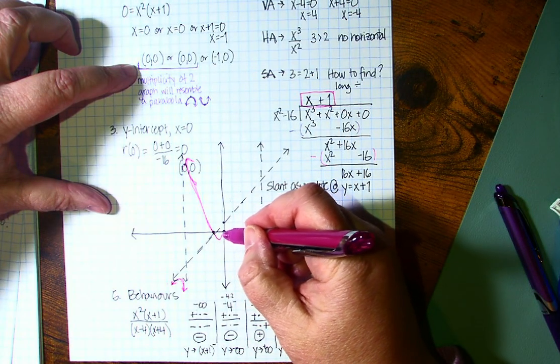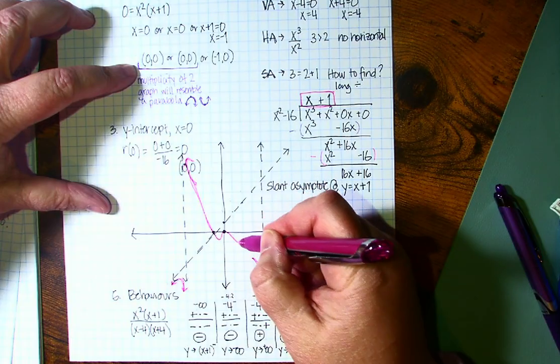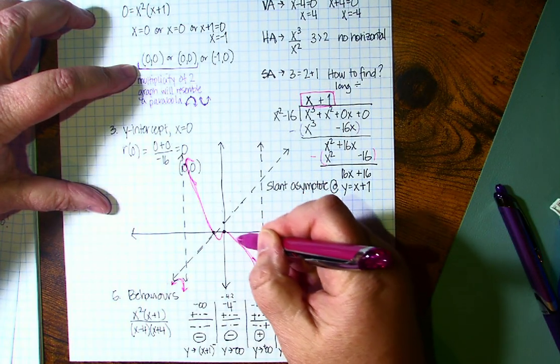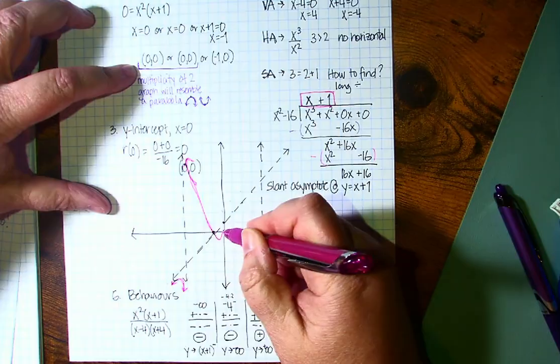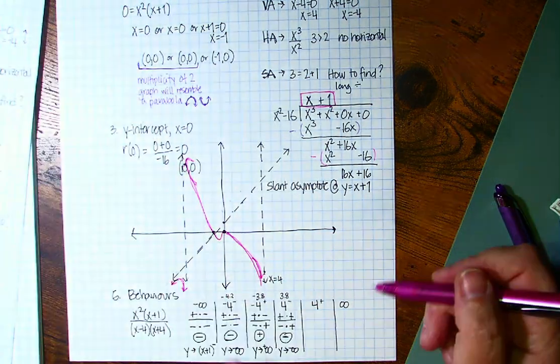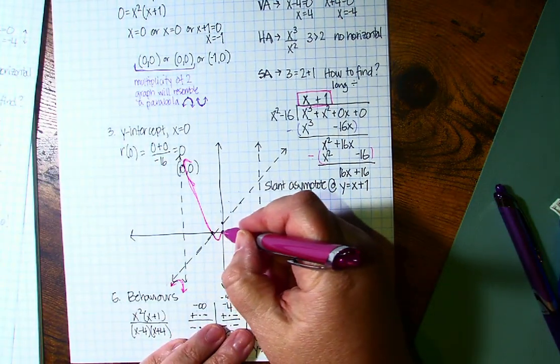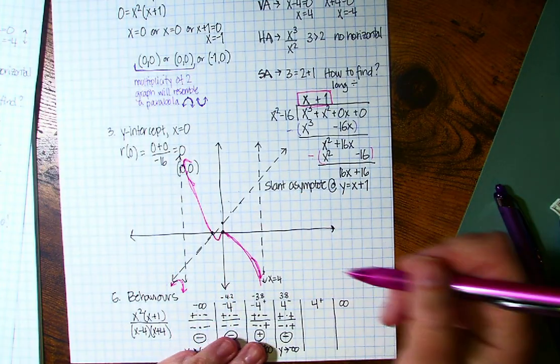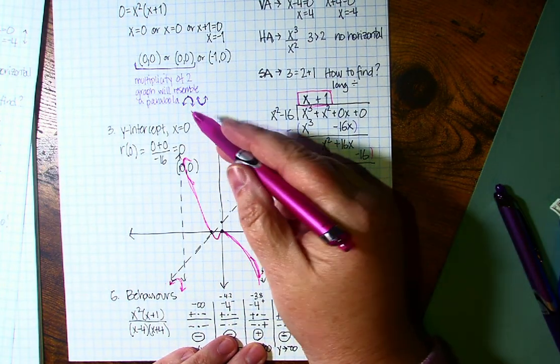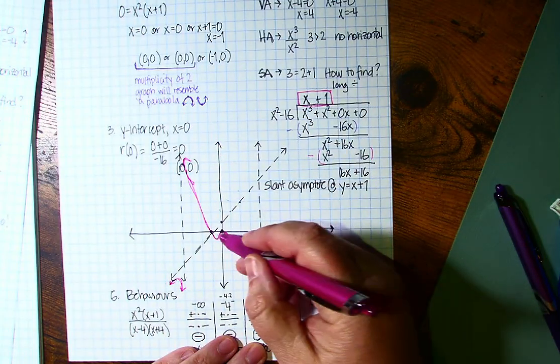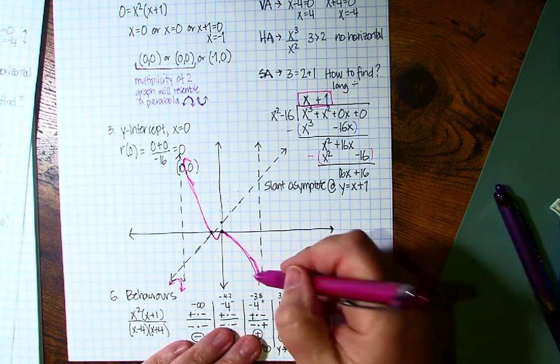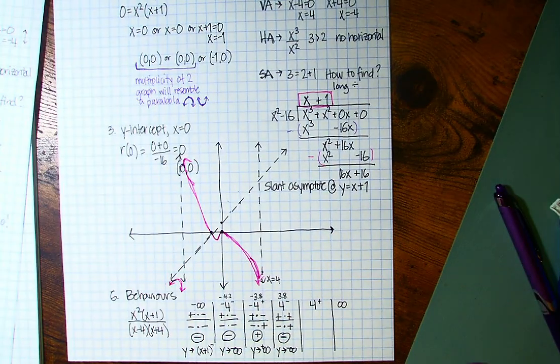This one is going to have to turn down. That's what it means. It's going to need to look like this. Do you see how that looks like a parabola that's been turned down? That's what we're talking about when we say it opens down. It's got to open down into the rest there. Now I've got that middle section figured out.